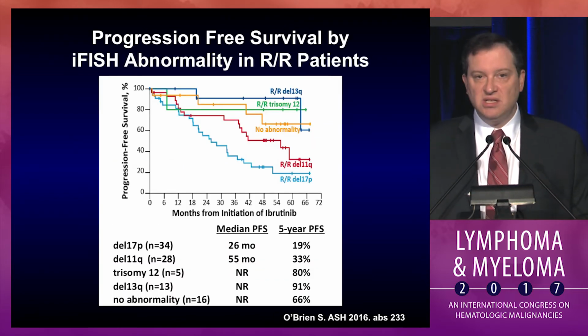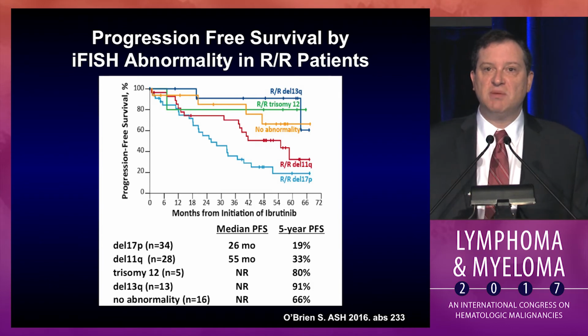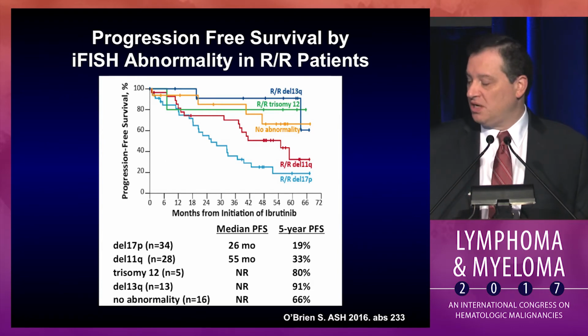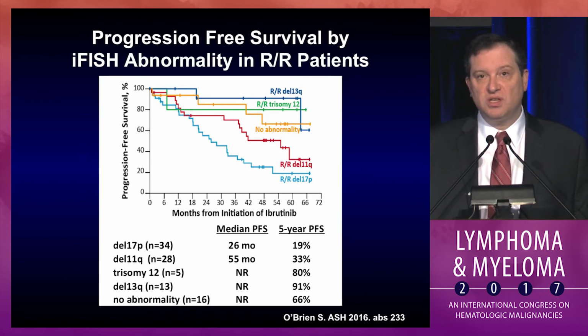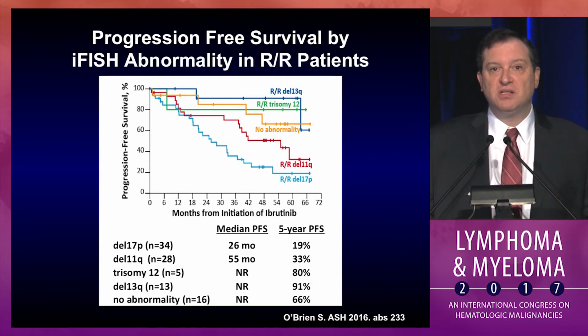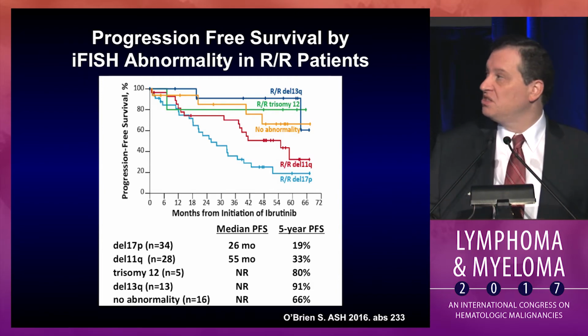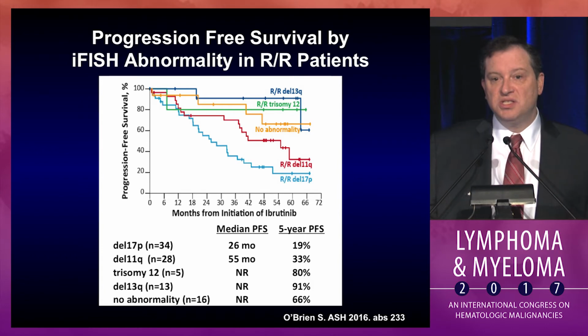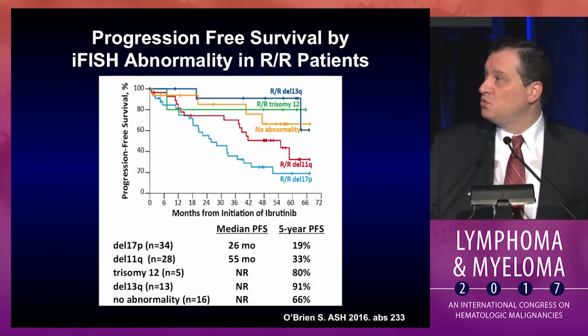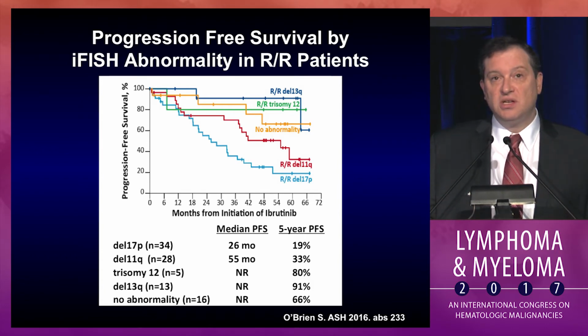When we looked at these patients, the thing that first came to mind was interphase FISH abnormality. What you can see here is, at least in the relapse refractory population, primarily because in the treatment-naive group we really had too few patients to make a lot of assessments, interphase FISH very nicely predicts outcome, with deletion 17p and deletion 11q faring far worse than the others.